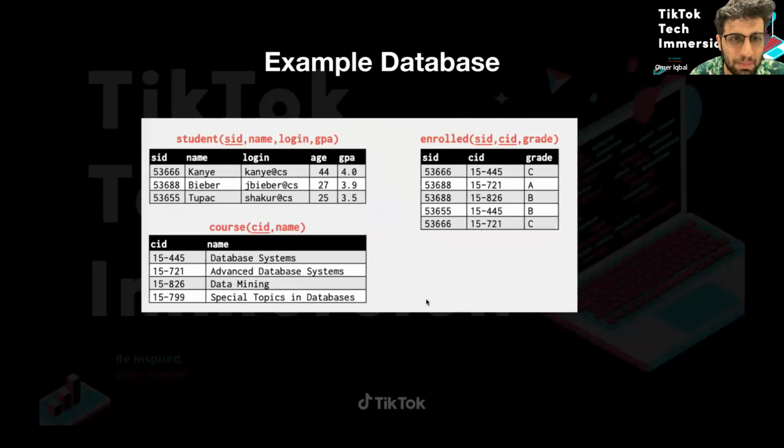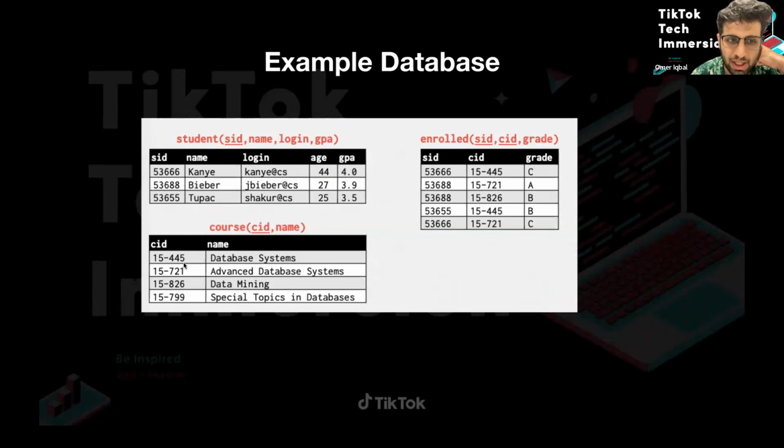So here's an example database I created. Let's say this is a course, and many of you are students. We have a database with a table called students, which has student ID, name, login, GPA. We have a course table, and these students can enroll in a course.